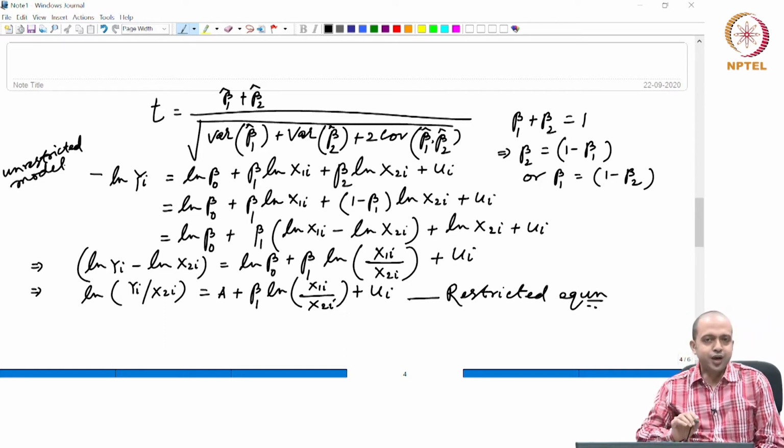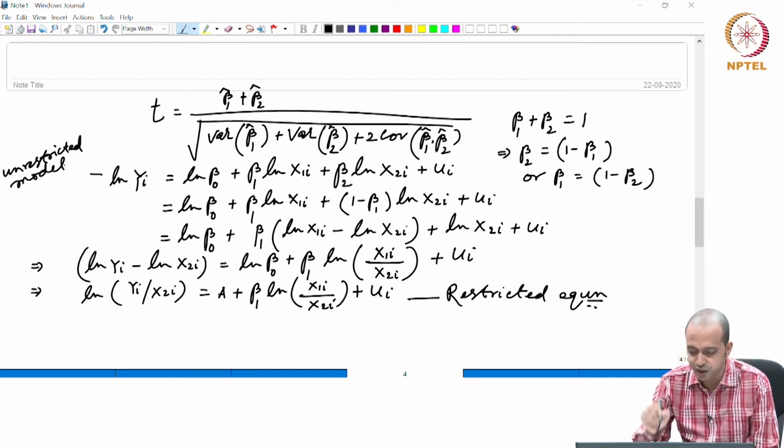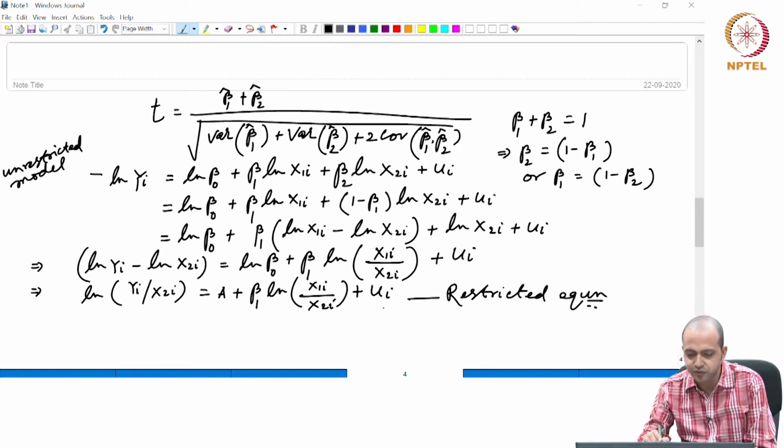So, I have not done anything new; I have simply imposed the linear restriction beta 1 plus beta 2 equals 1 in the model, and ultimately I have come up with the restricted version of this equation, which says the output capital ratio is a function of labor by capital.